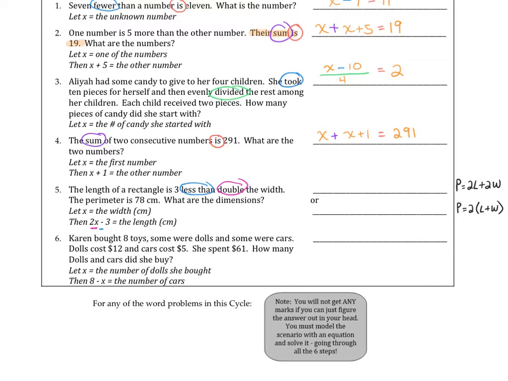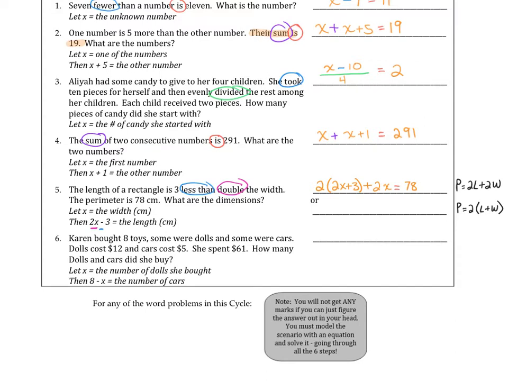So your first equation is going to be 2 times the length, which is 2 times (2x minus 3), plus 2 times the width, which is just 2x, and that is equal to the perimeter, which is 78.